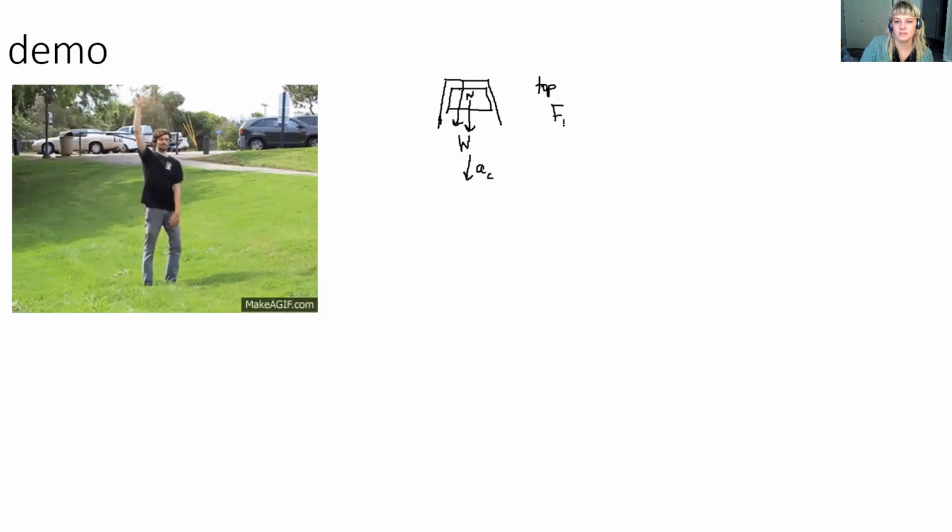So let's apply Newton's second law here. Everything is acting downward, so I'm going to make everything negative. There's the normal force of the bucket acting on the water. There's the weight of the water acting down. And then the centripetal acceleration acts downward.